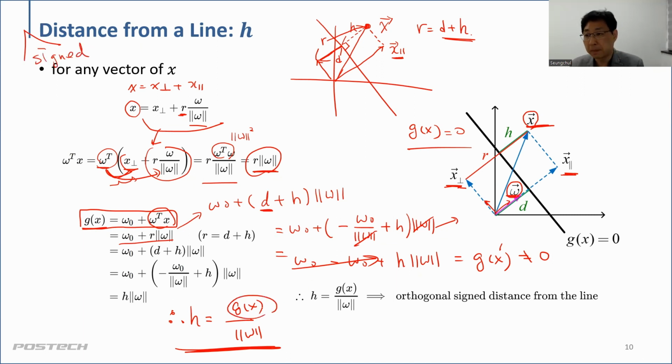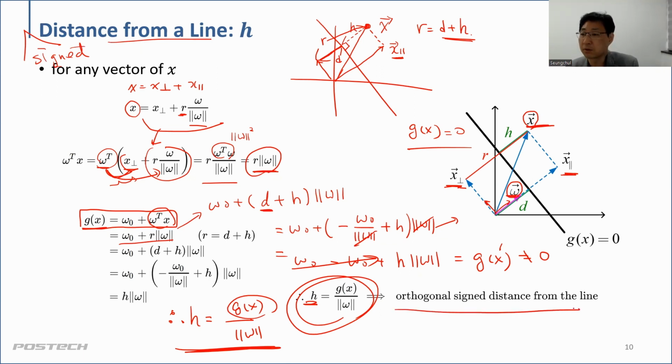G of x can be positive and negative. So h is the signed distance from the line to any point x. So it's the orthogonal signed distance from the line. At least I want you guys to remember this formula, because we're going to use that later on.